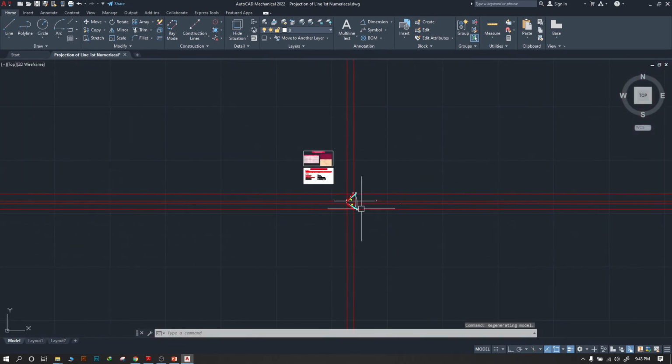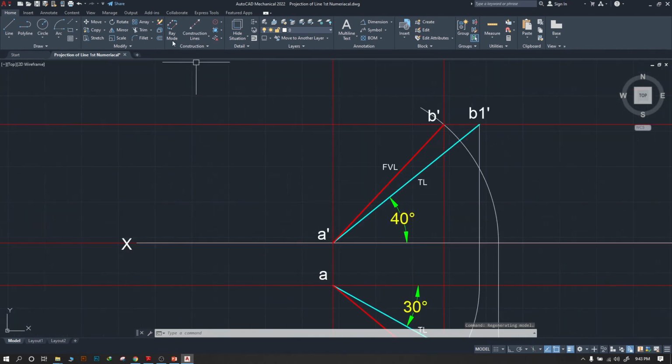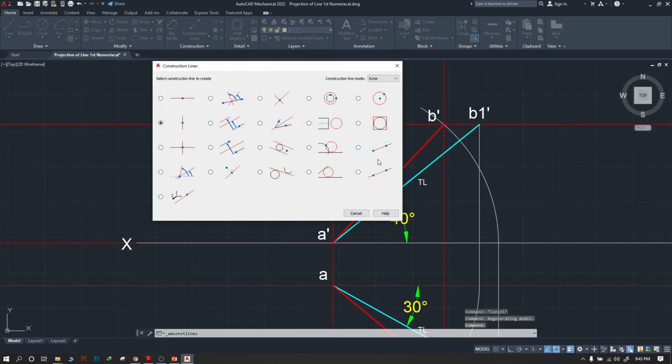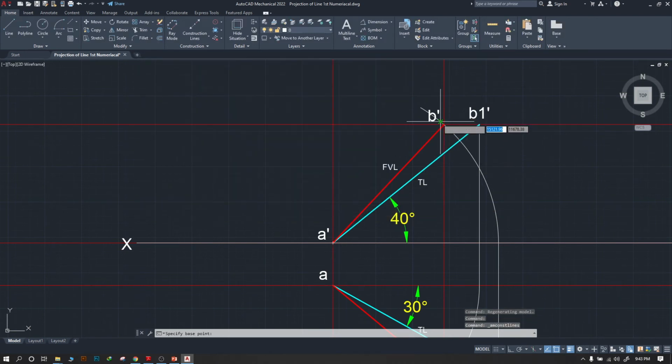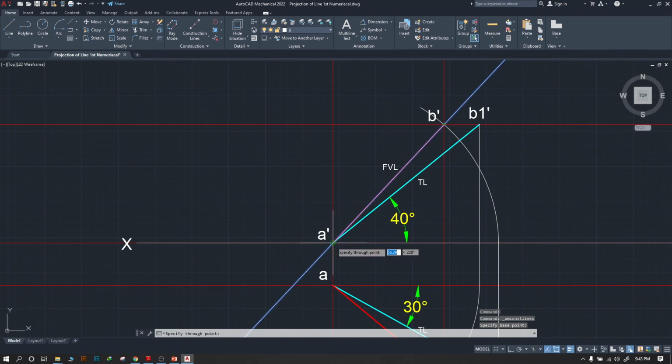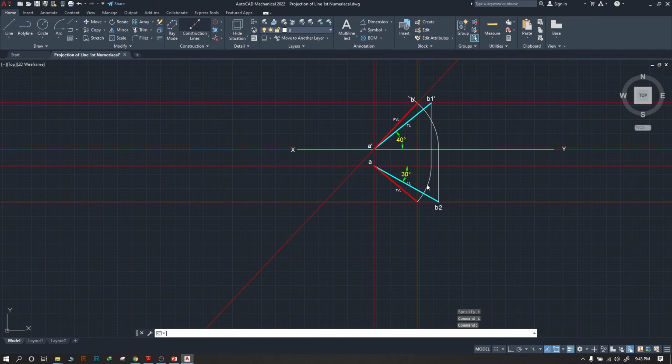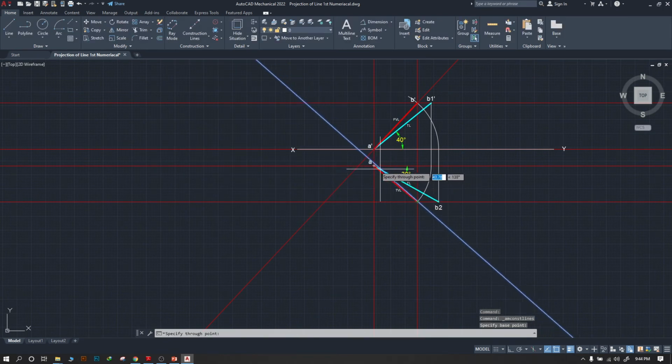Okay, in the construction line we have the option to extend this line. So we will draw the line from this front view length. Also we will extend the line of top view length.